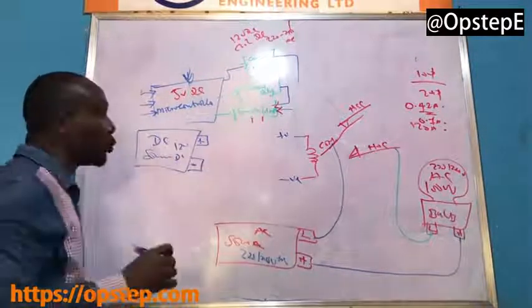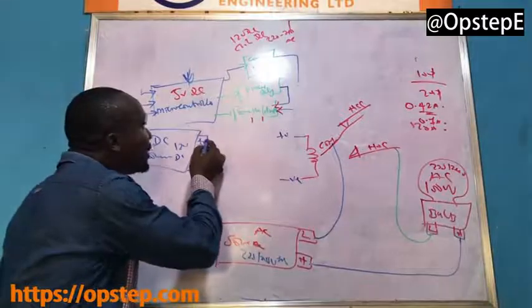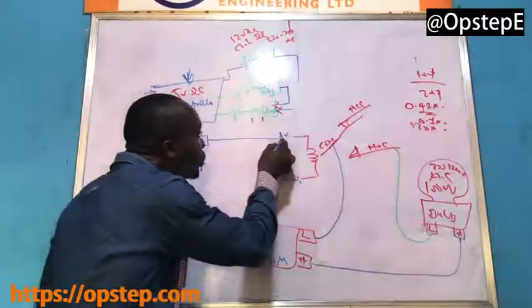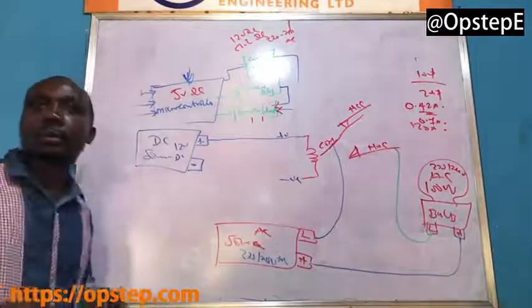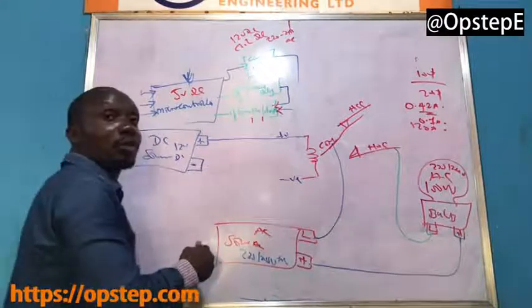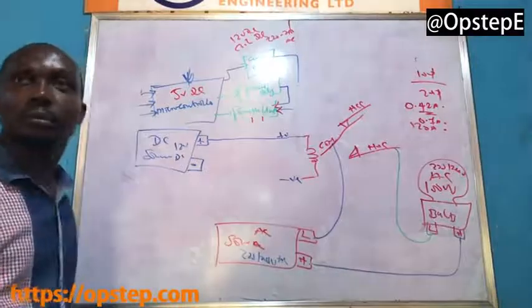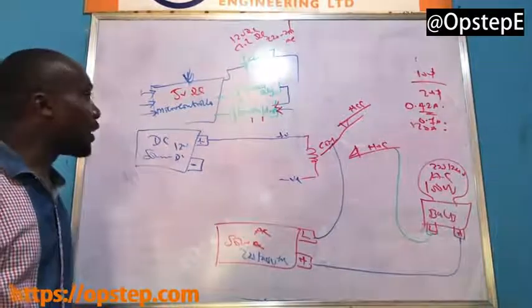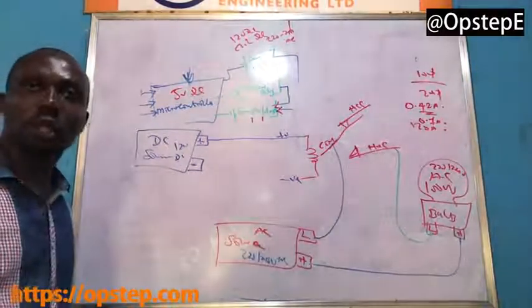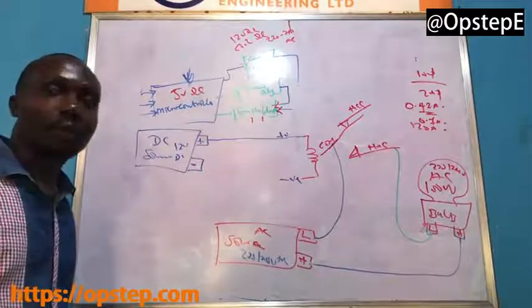And look at what I'm going to do. I am going to make this positive available to this man. I will now be using my microcontroller to switch negative. How will I switch negative? That is where the knowledge of transistor as a switch comes into play. How is that done?